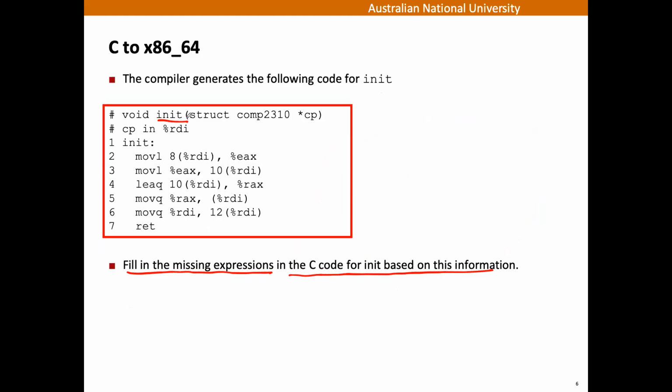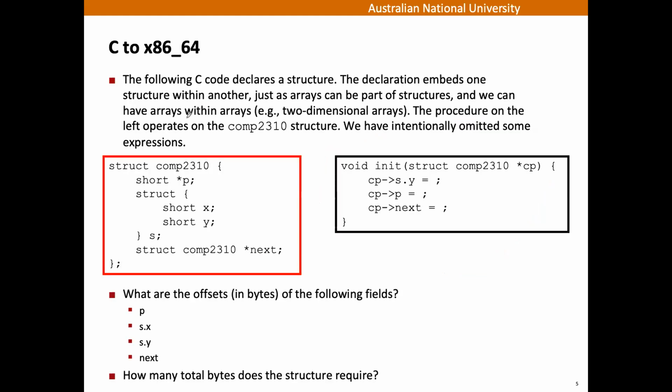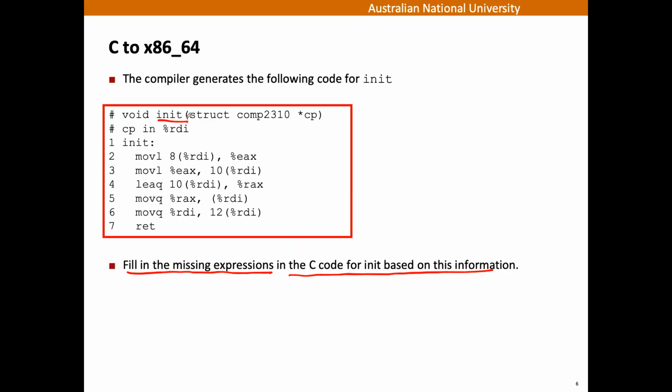Okay, so this looks challenging, right? So you have the C code on the right. It's missing a few statements, and your goal, under stress, 3 hours, is to do the first question as soon as you can, and look at the assembly and fill in the missing C code, right?